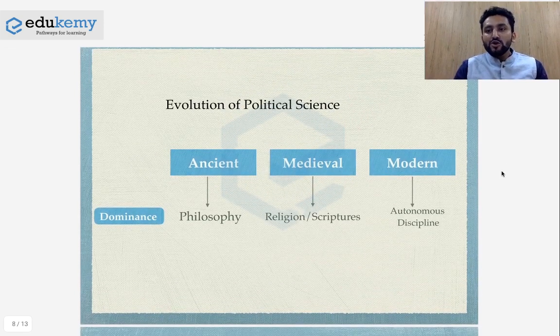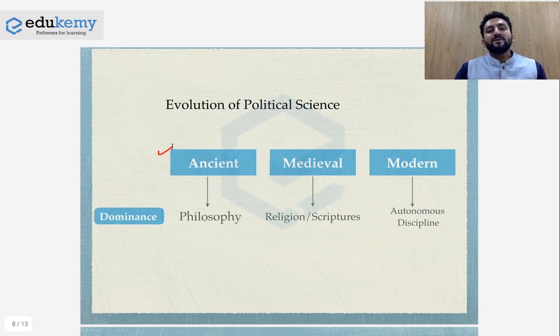So you should also focus on the evolution, how political science as a discipline evolved. So in general, we can say that in ancient time, political science as a discipline was based on philosophy. Even the word political science was not used.